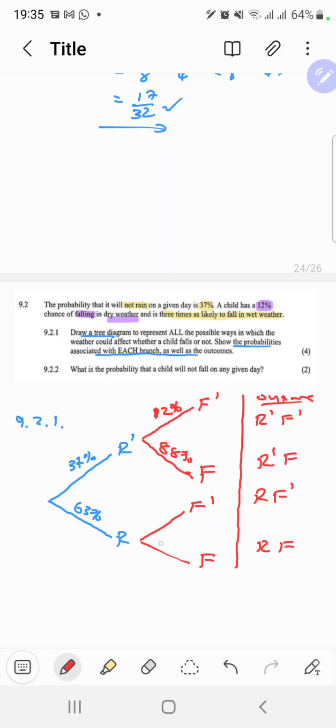So this child has a 36% chance of falling in wet weather, because it's raining and then the child falls. And then what are the chances of not falling? Again, it's going to be 100% minus 36%. So this one has a much bigger chance of not falling. Okay, so it's not too bad. I think this is exactly what they want here.